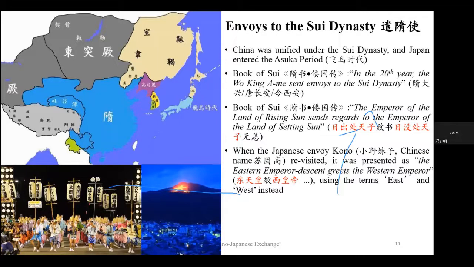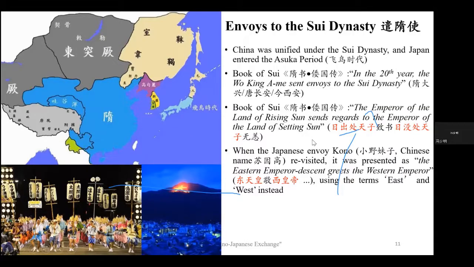When the Japanese envoy Ono no Imoko revisited, right, it was presented as the Eastern Emperor respectfully greets the Western Emperor. So the usage of diplomatic language using the terms East and West was an effort to calm down the relations between the Sui Emperor and the people of the Wa. Because imagine you try to depict China as the land of the setting sun.